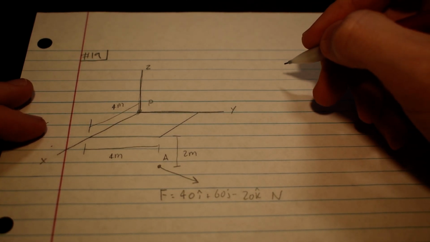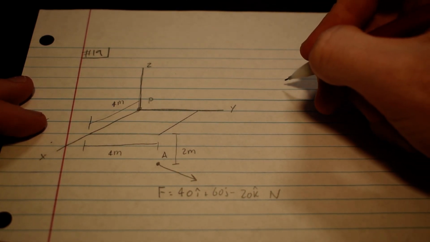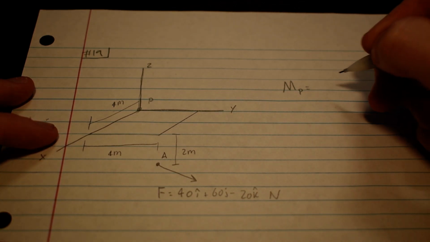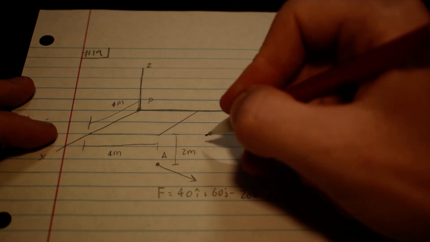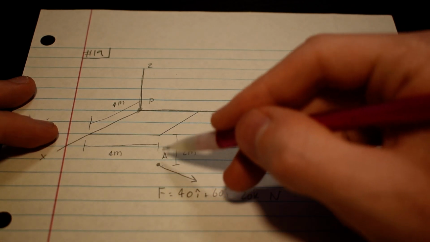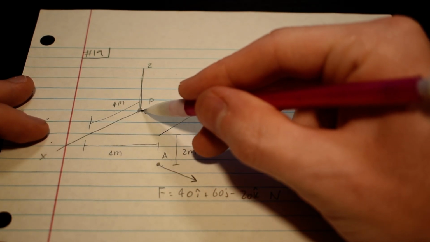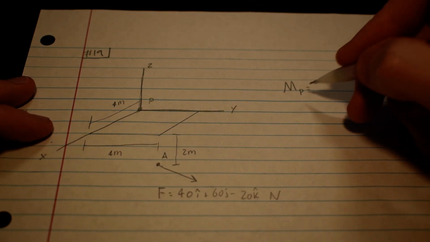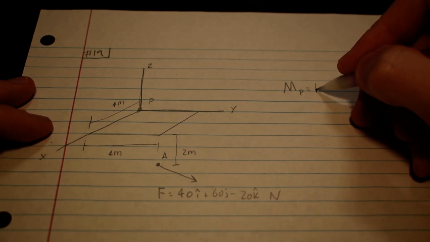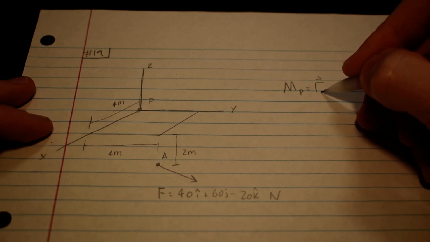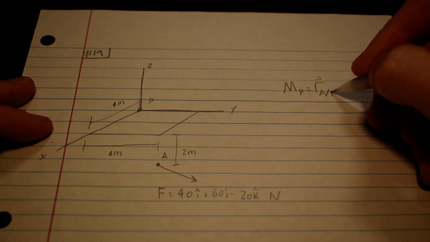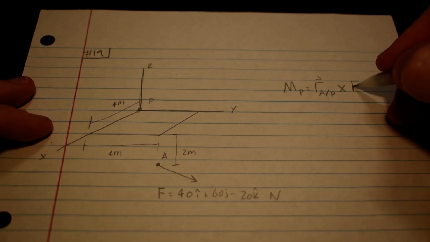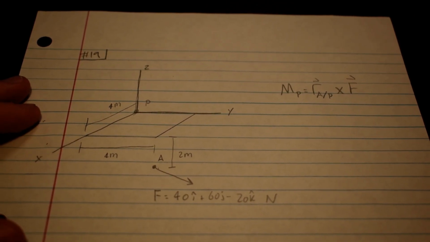So remember, the definition of a moment is, in this case, the force is applied at A, and the point we want to take the moment about is P. So the moment about P is equal to the position vector of A with respect to P cross product with F. And remember, those are two vectors.